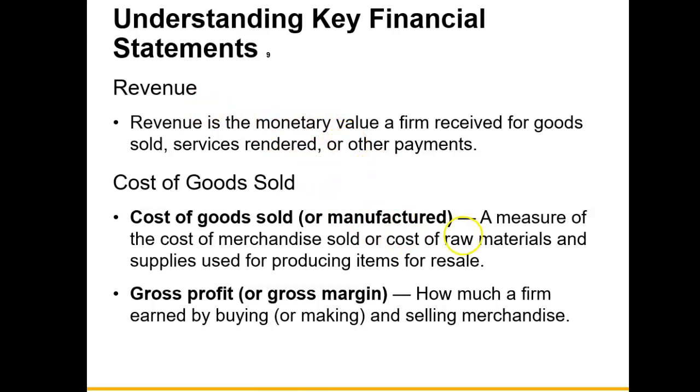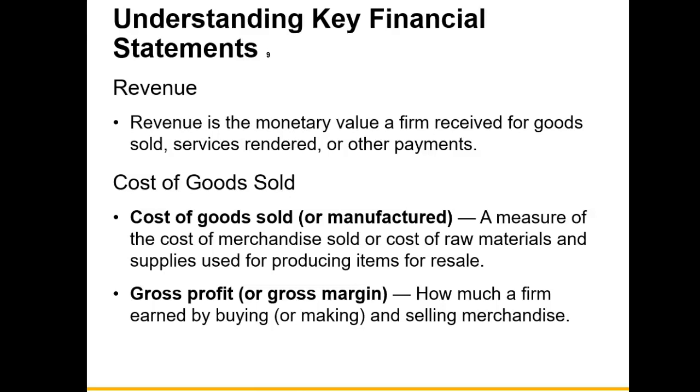Cost of goods sold measures the cost of merchandise sold or the cost of raw materials and supplies used to produce an item for resale. So we're saying that if a retailer, such as a Macy's or a Walmart, buys a product already produced, they have cost of goods sold.